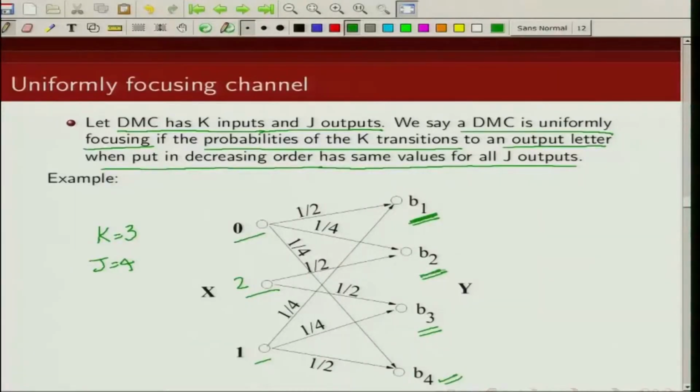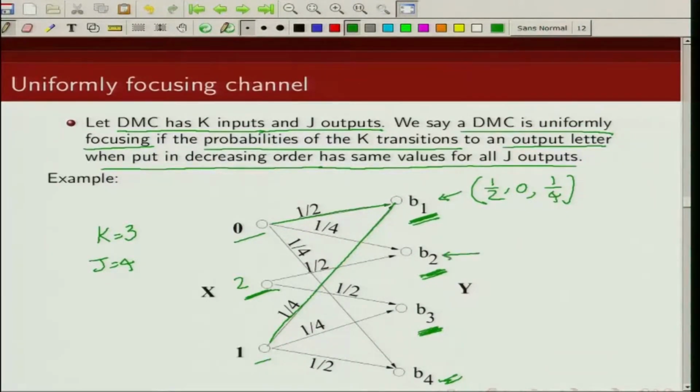We look at B1, B2, B3 and B4 and look at the probabilities of k transitions to each output letter. So let's look at B1. The transition from here has probability half, the transition from this node is 0, and the transition from this has probability 1 by 4.